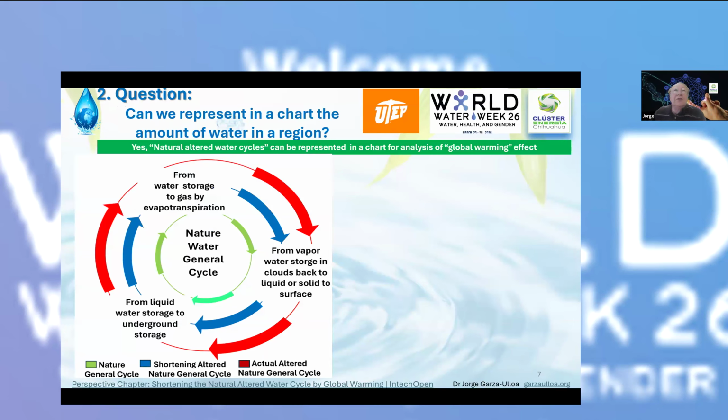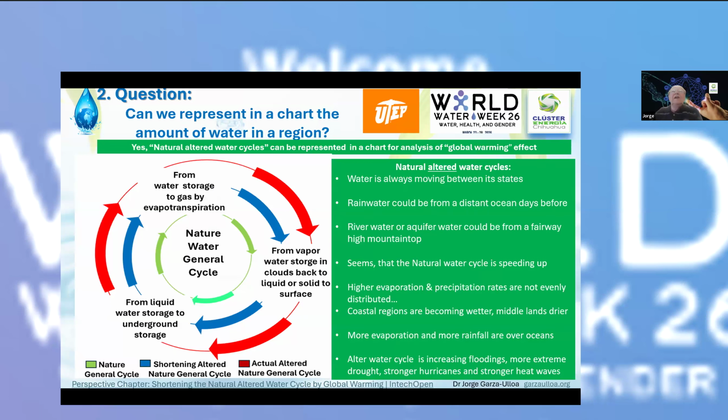Okay, that means the natural water cycle is usually over a short distance, a very small circle. When the cycle is altered, that means when the temperature is growing, this cycle is going to increase also.